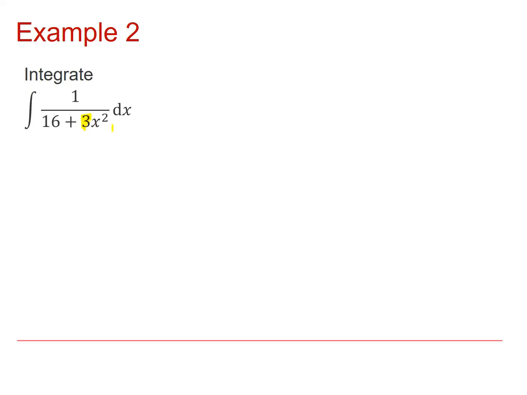Well, a problem here, I've got 3x squared instead of just x squared. So I'm going to do a bit of factorizing first of all, take that 3 outside the integral to see what's going on. So if I take out that 3, it becomes a 1 over 3 outside the integral. Now I've taken a 3 out, so I get 16 over 3 from the first bit, plus x squared from the second bit, dx.